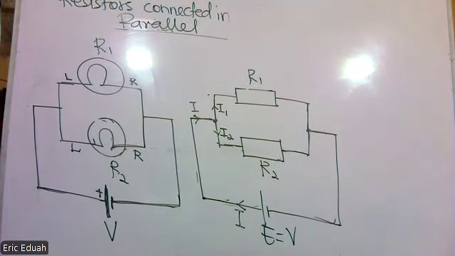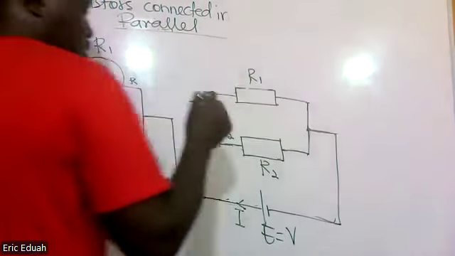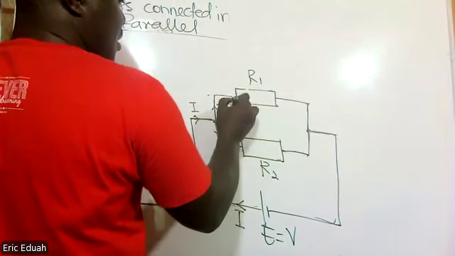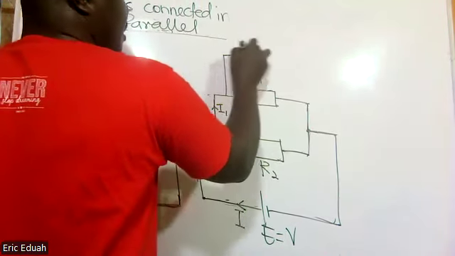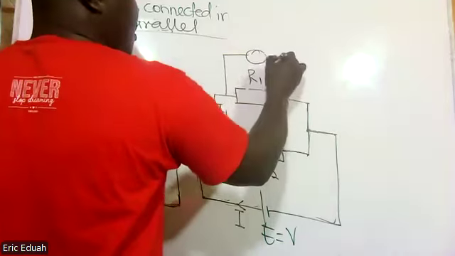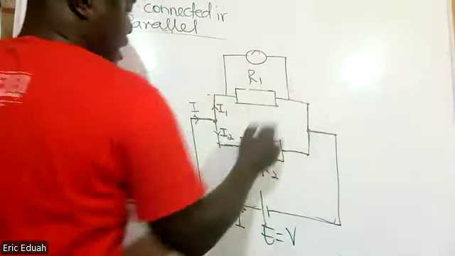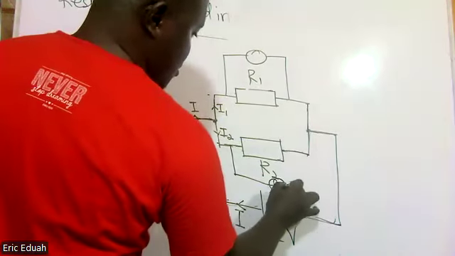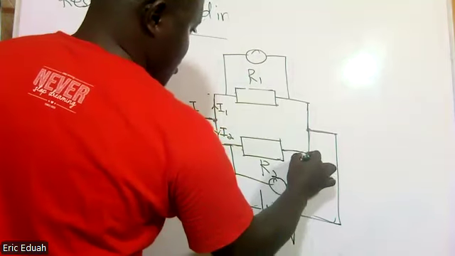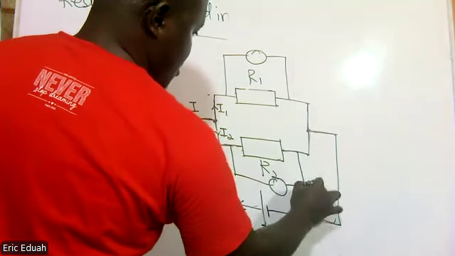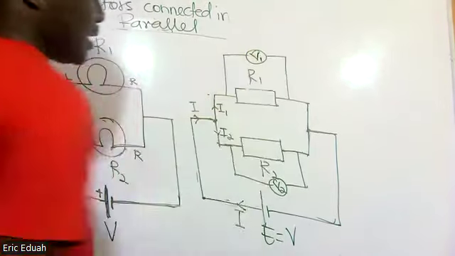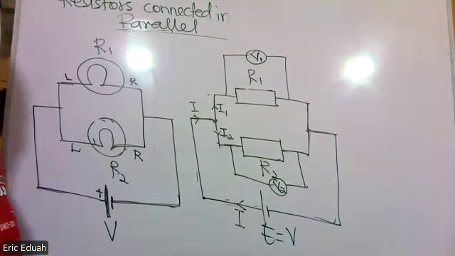Current in each resistor varies, but the potential difference, the PD across resistor 1 and PD across resistor 2, this is V1, this is V2, are the same.